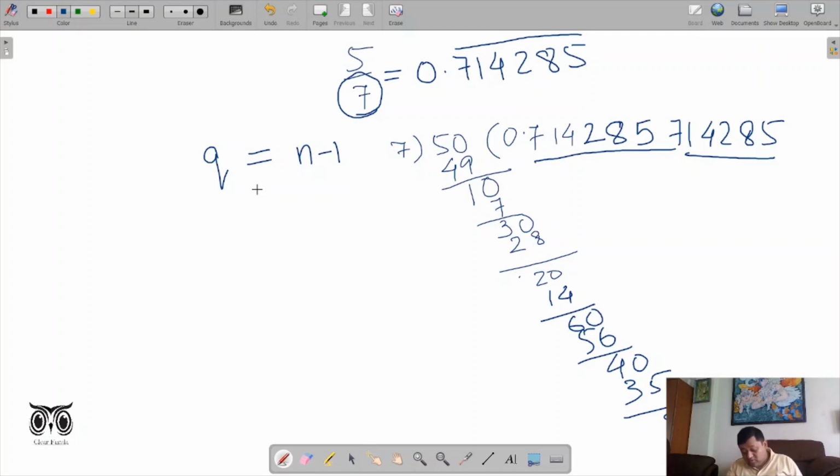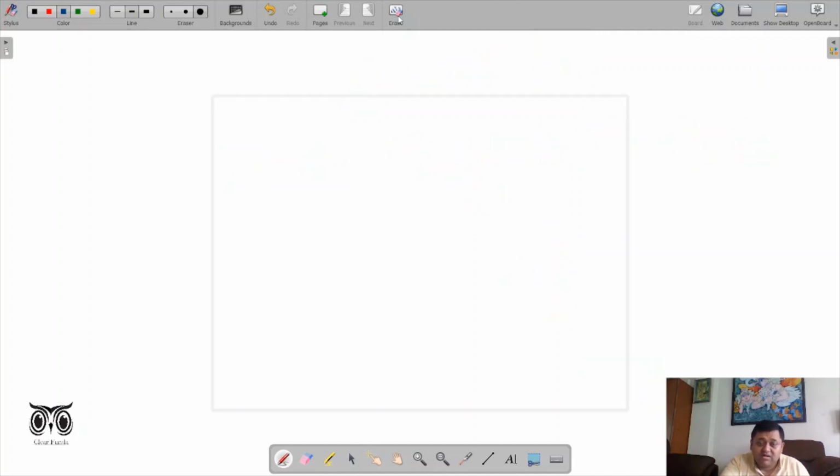So now we will go to the other side. Say for example, we have a rational number in the decimal form and we have to convert it into the normal p by q format. So how will we do that?